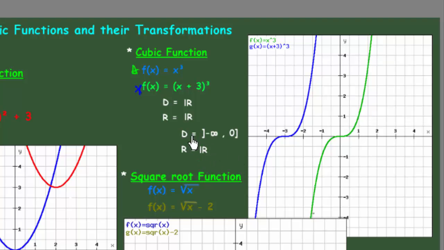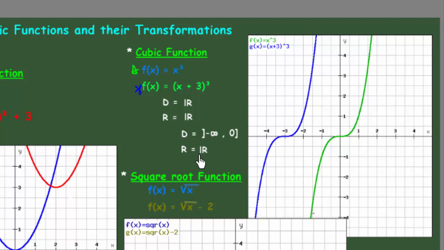And the new function, f of x equals x plus 3 to the power 3, is the transformation of this other function here. We can say the function is shifted to the left 3 units. From here, 1, 2, and 3, and it has the same shape.